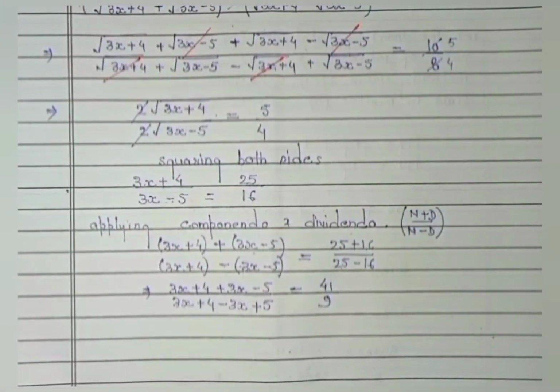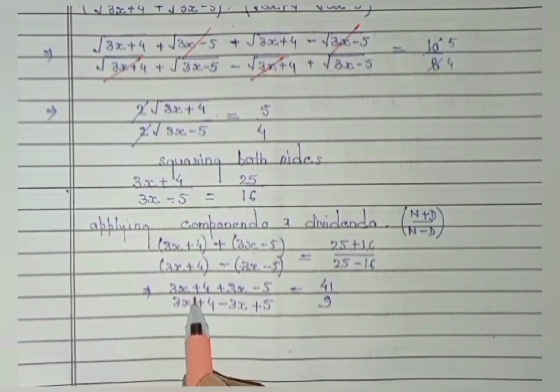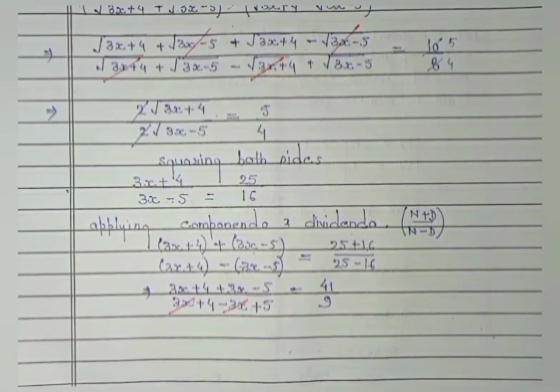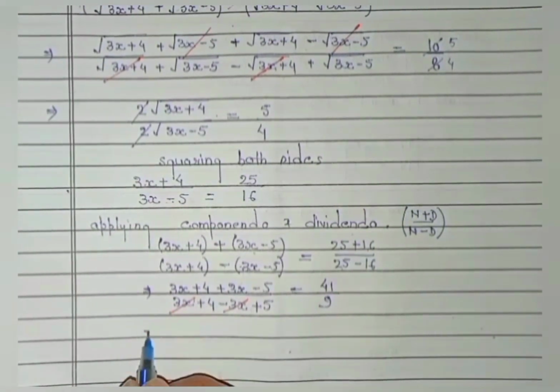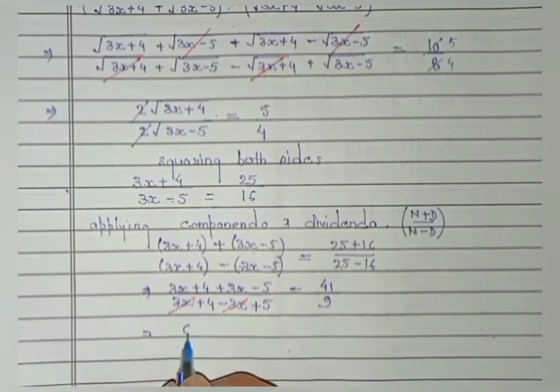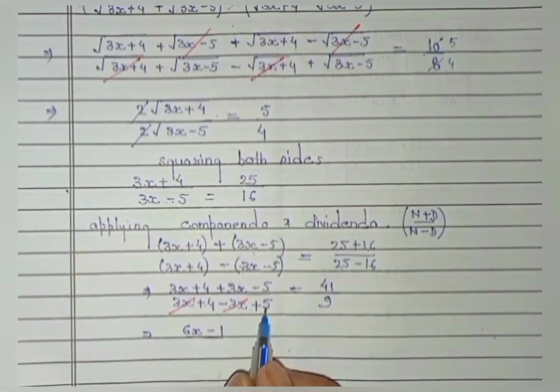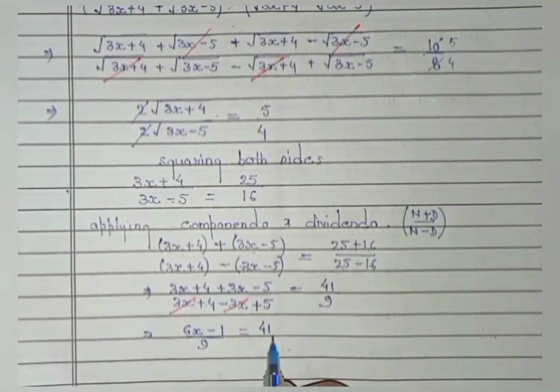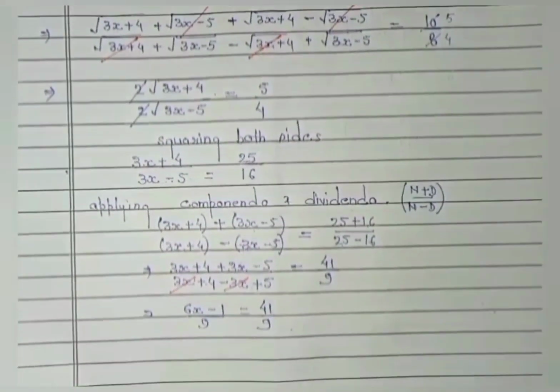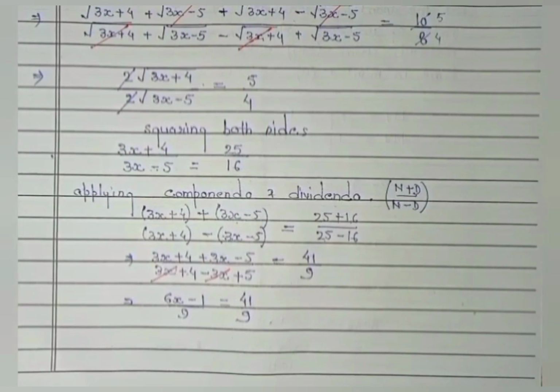Okay, now let's see, in the denominator place, this will be reduced. In the numerator place, you are getting 6x minus 1, right? In the denominator place, you are getting 4 plus 5, 9. And now you can solve this equation.